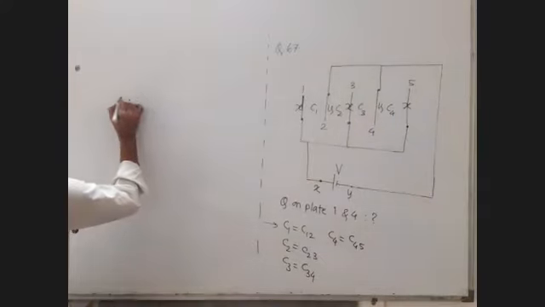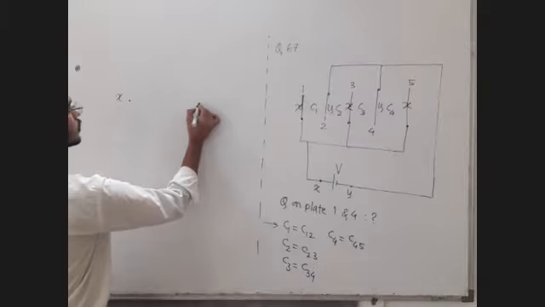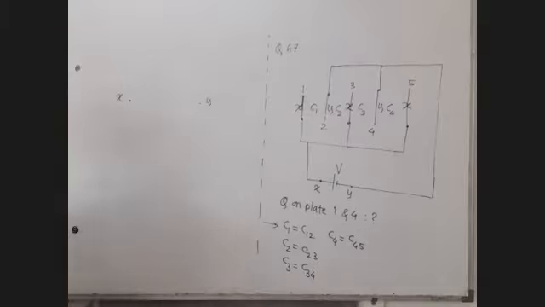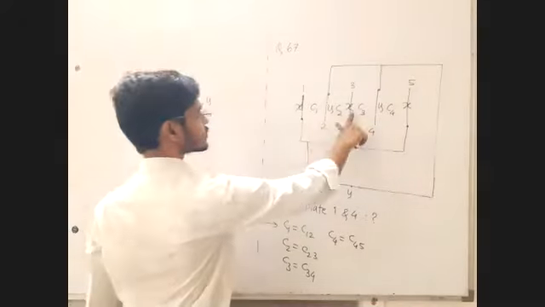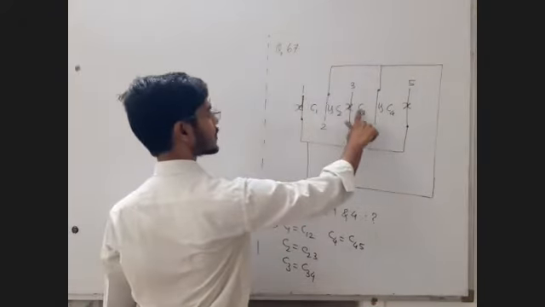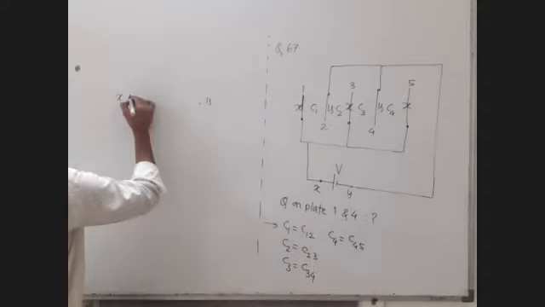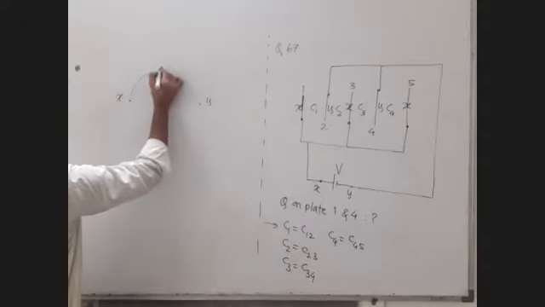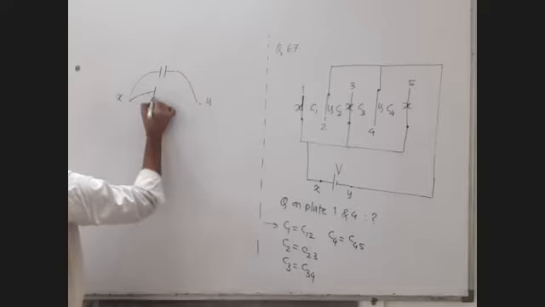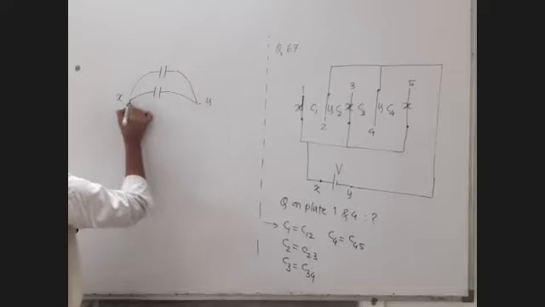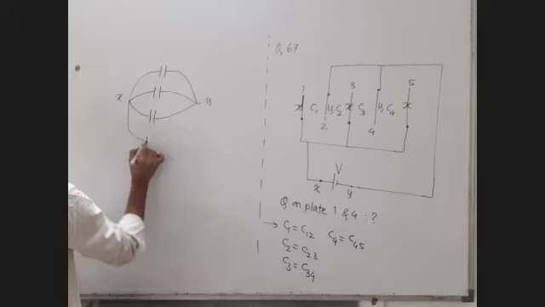So draw the point X, draw the point Y, and now draw the first capacitor between XY, the second capacitor again between XY, the third capacitor again between XY, and the fourth capacitor again between XY. All the capacitors are between XY: first, second, third, and fourth.